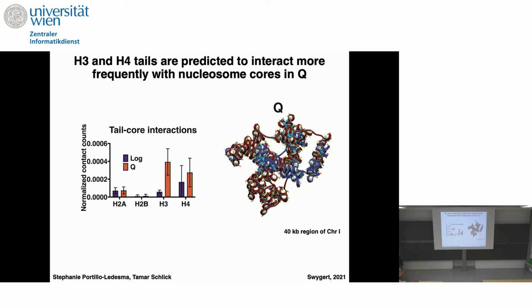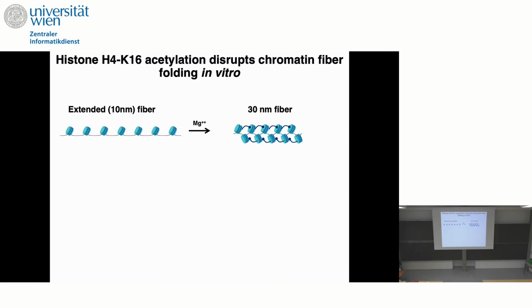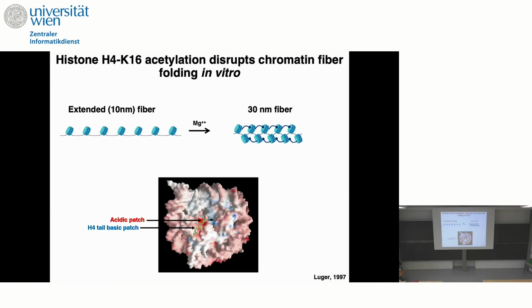And so this was very interesting to us because, as I think probably everyone is well aware, it's been shown for a long time looking at reconstituted chromatin in vitro that extended nucleosomal arrays compact into 30 nanometer fiber structures in the presence of divalent cations. And it's long been thought that this interaction has been mediated between the H4 basic patch on the H4 tail and the acidic patch of a nearby nucleosome. And this has been shown by many different groups.